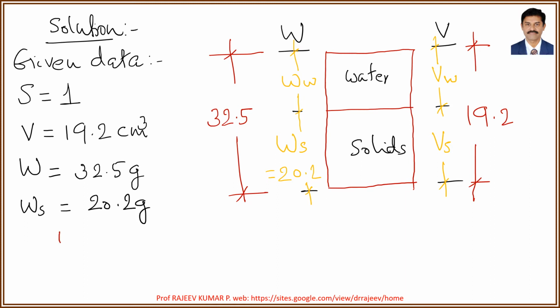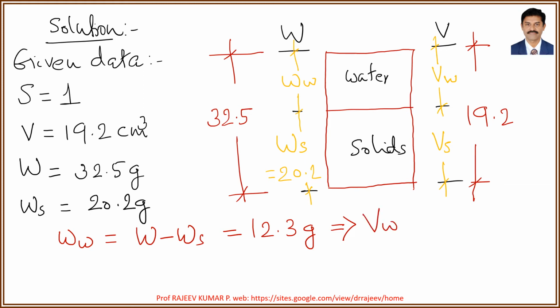So weight of water WW is nothing but capital W minus WS from the three-phase diagram. So here you will get it as 12.3 gram. Okay, and this one can be taken as VW also, and this is the case. And moreover, you know that density of water rho W is equal to weight of water divided by volume of water.